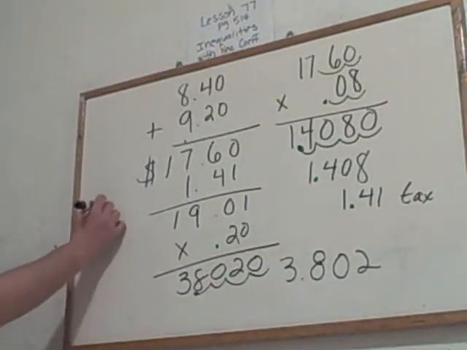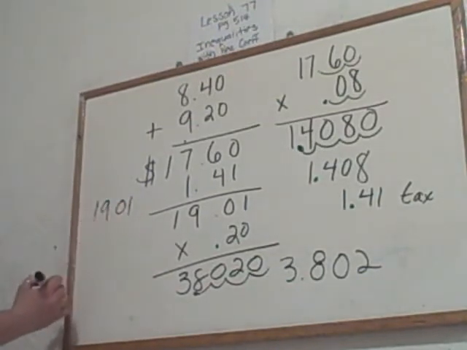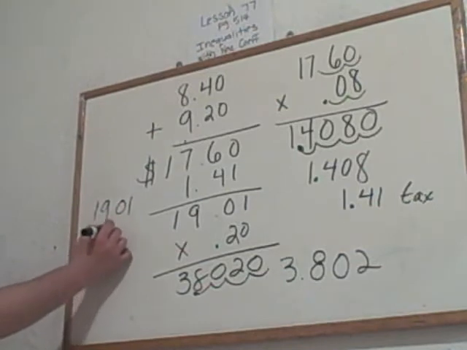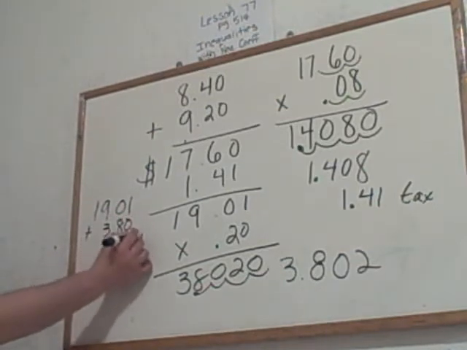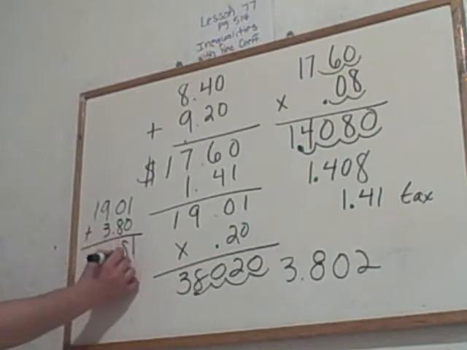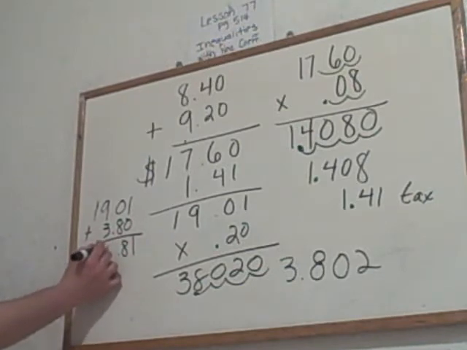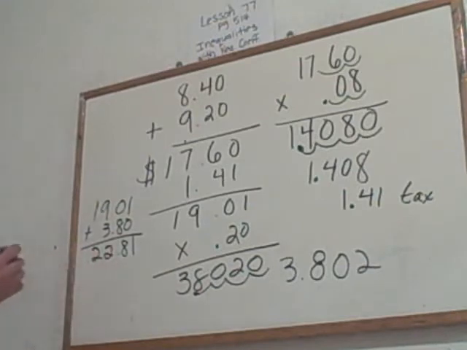I take the $19.01 and add in the amount of the tip to get the total of $22.81, and that would be the amount of the total bill.